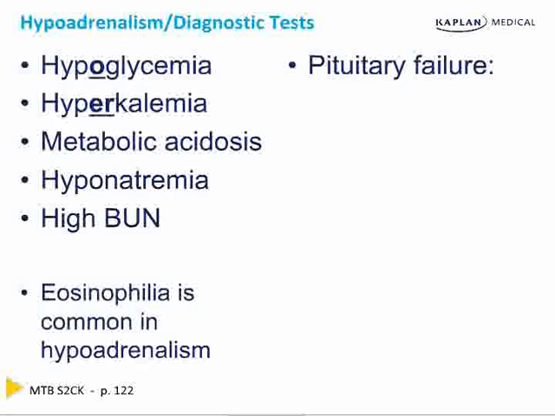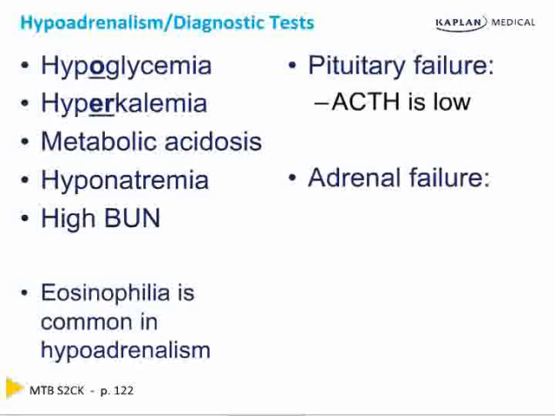Now, with pituitary failure, your ACTH level is low, and with adrenal failure, your ACTH level is high. When you have pituitary failure, your adrenals fail, at least for the sex hormones and the cortisol. It's failing from the fasciculata, which makes cortisol, and the reticularis, which makes androgens.